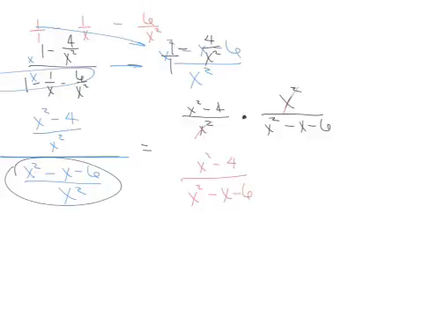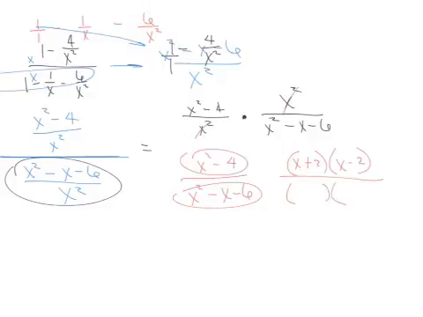Alright, so before I end though, I have a difference of 2 squares that can be written as x plus 2 and x minus 2. And this here can be broken up into 2 binomials, so don't forget to do that. Let's see, I've got a 3 and a 2.